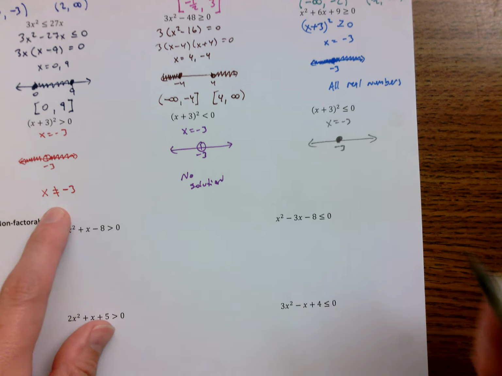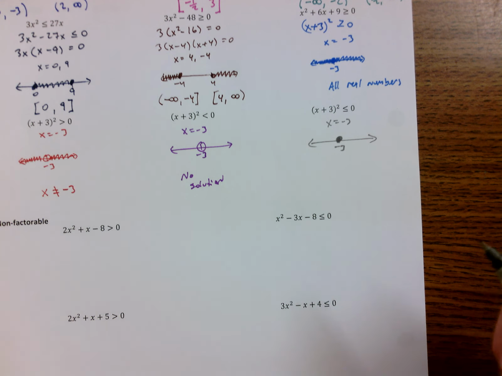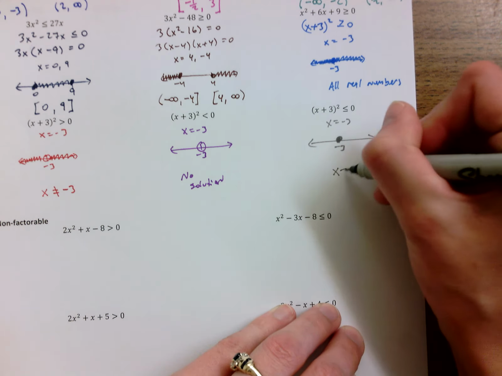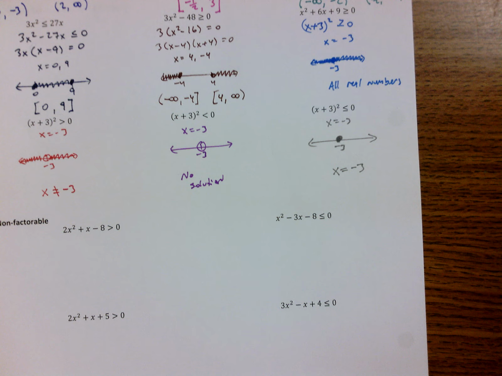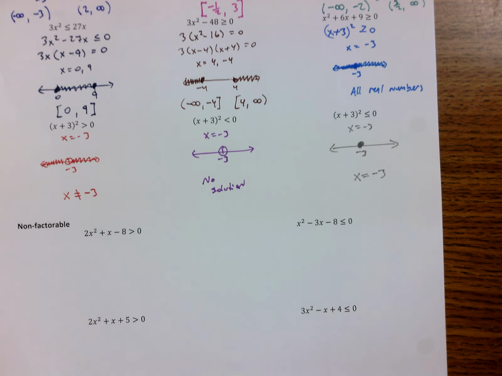So similar to this problem, we are just saying everything that does work: x equals -3, and that's it. So that is the general idea, and those are your special cases that you want to watch out for. That's when you're going to get strange things that happen.